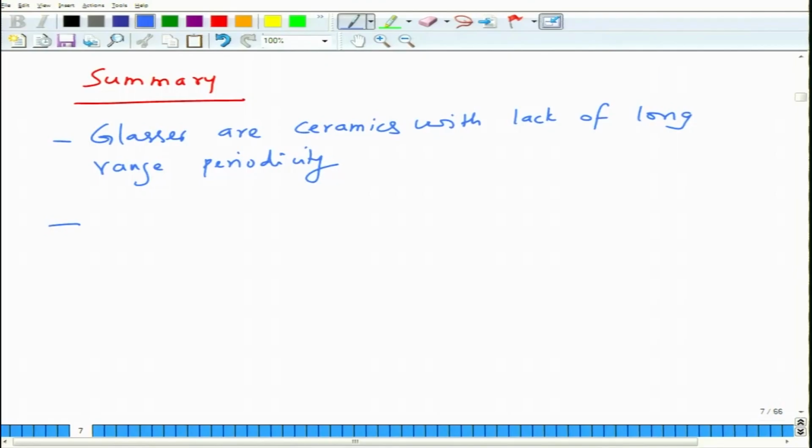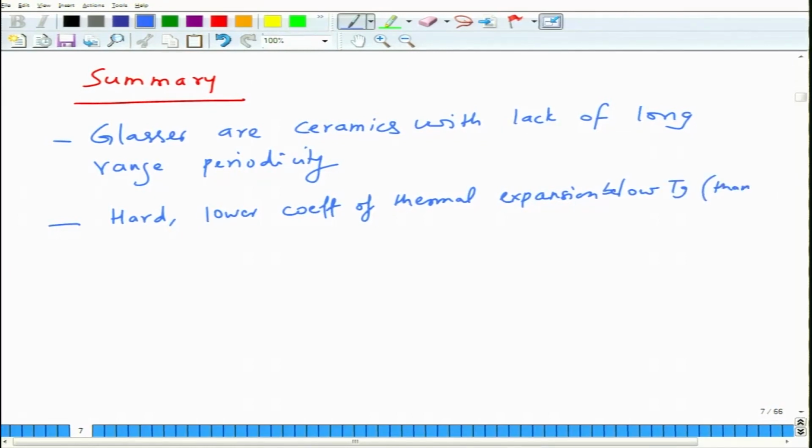They are hard, harder than metals. They have a lower coefficient of thermal expansion than metals, provided you use them below the softening temperature, Tg or Ts.